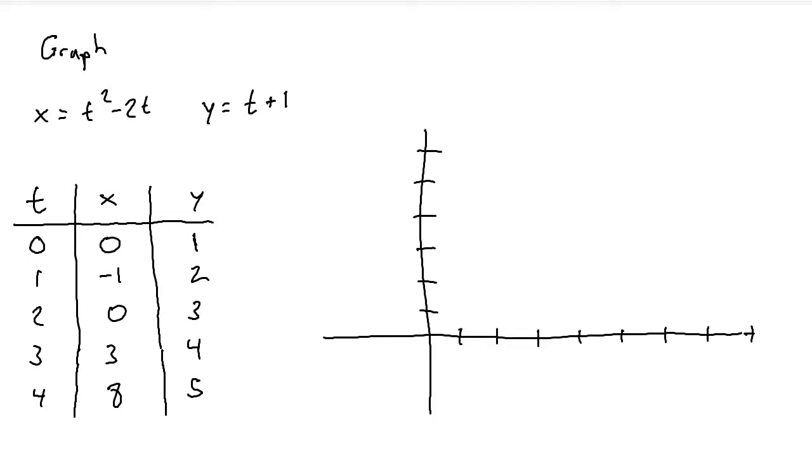When I go ahead and graph this parametric equation, I'm just going to use the x and y and graph them as coordinates. I don't have to worry about t right now. I'll come back to that later, but we're just going to graph it as the x and y coordinate.